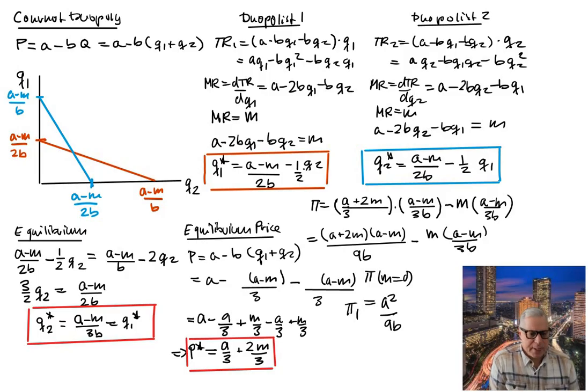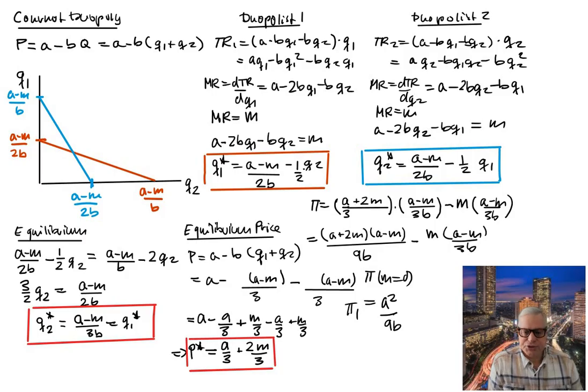Okay, but you see, this is how we calculate the equilibrium in a Cournot duopoly, and you can see that each firm's optimum quantity is a function of the other firm's quantity.